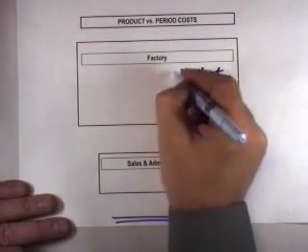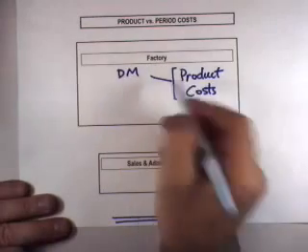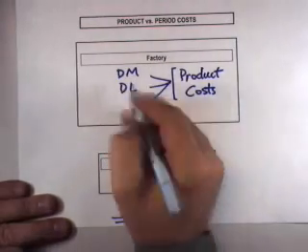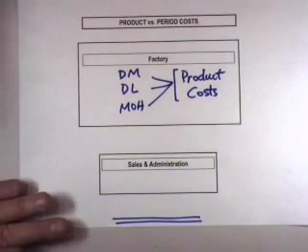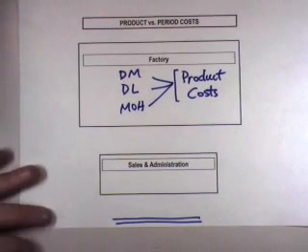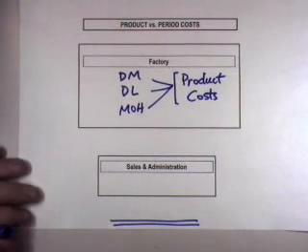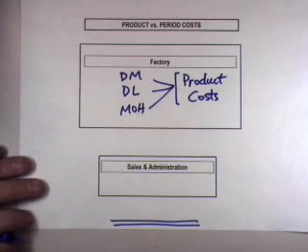And that could be direct material, or it could be direct labor, or it could be manufacturing overhead. And manufacturing overhead would be any indirect material or any indirect labor or any other cost that is not direct material or direct labor.